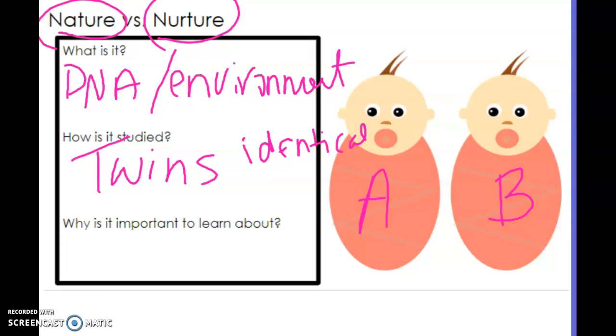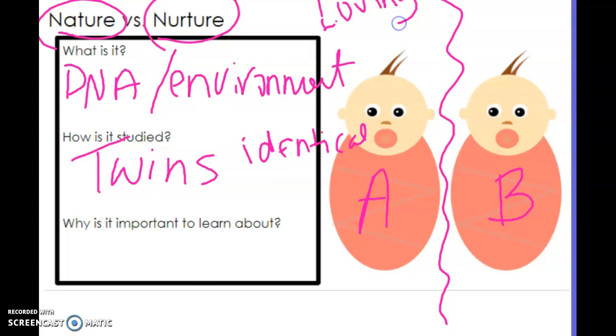All right, if we were to split these two babies up, much like Parent Trap or one of those old movies where they were switched at birth or whatever, and then one of these babies was raised in a loving household with very educated parents, versus baby B that went to live in a household where it was an angry family, maybe less educated individuals that raised them.